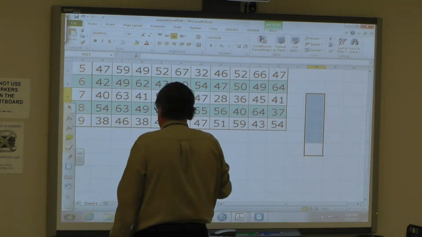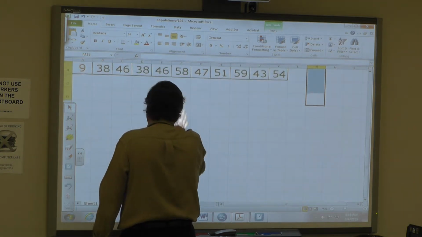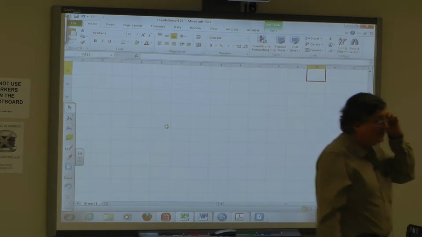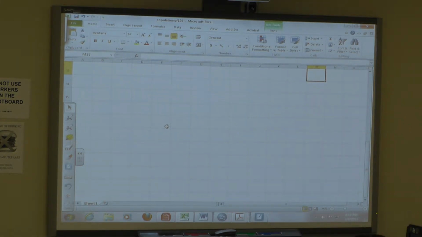I'll use this one. And as you get it done, tell me the mean of the 9 numbers that you have. And tell me the standard deviation of those numbers. Actually, no, don't tell me the standard deviation. Just tell me the mean. Be good enough for now.